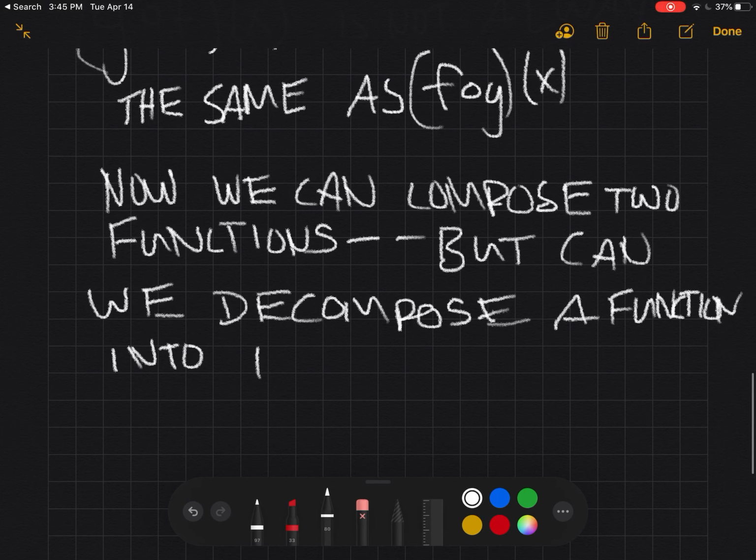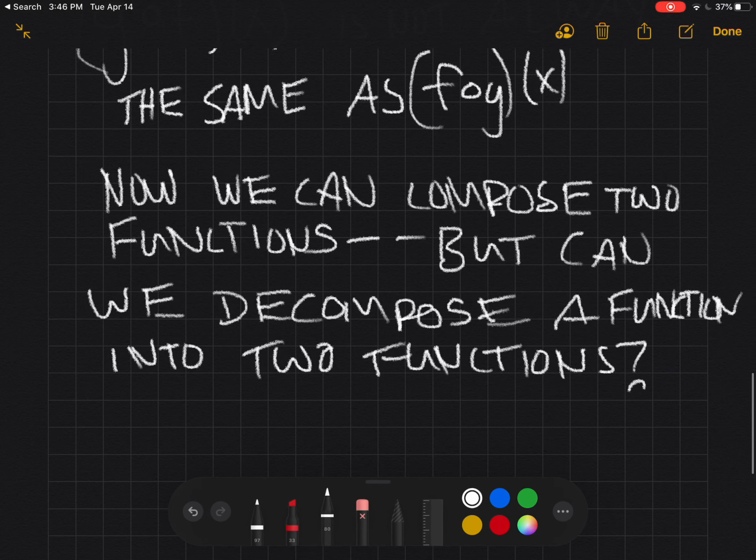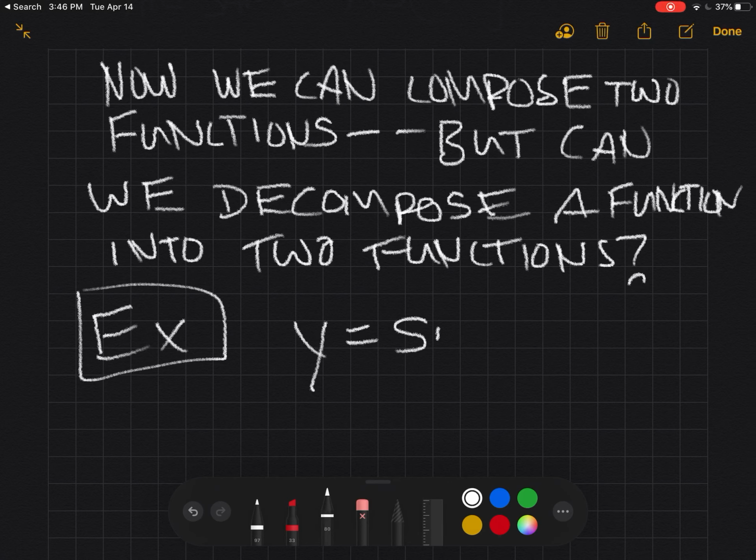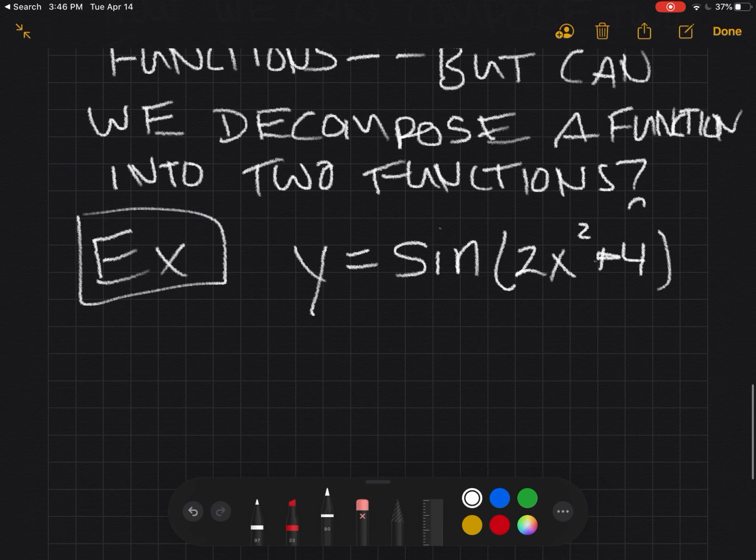But can we decompose a function into two functions? This is really the skill that's going to be most useful with the chain rule. So let's see if we can do this. Let's do an example together.